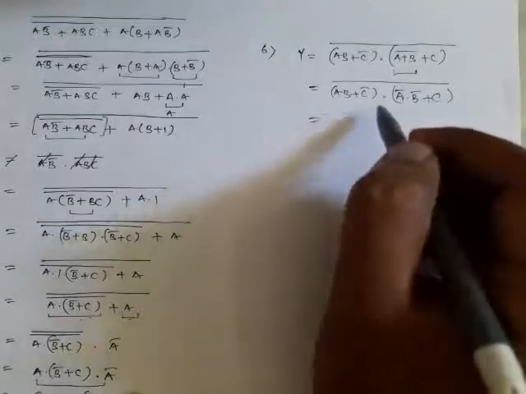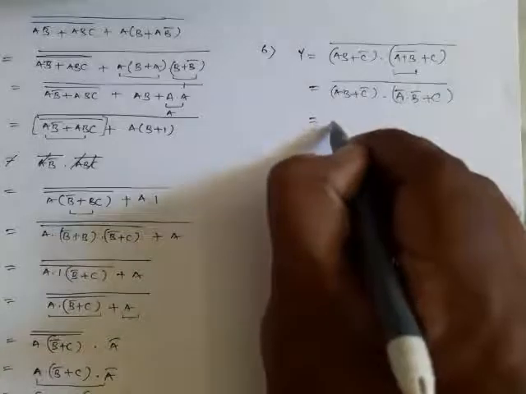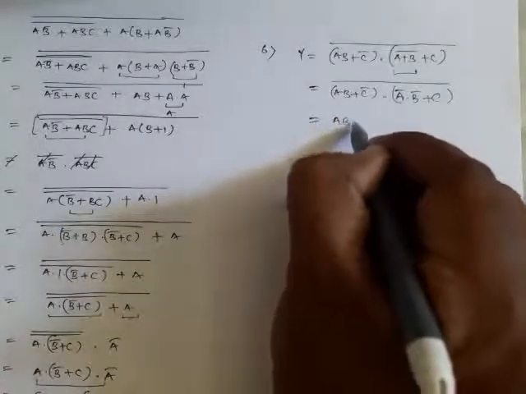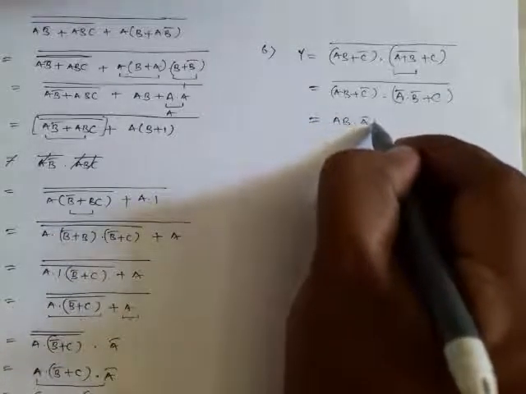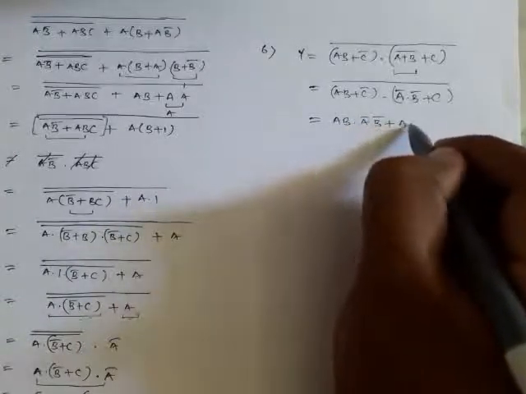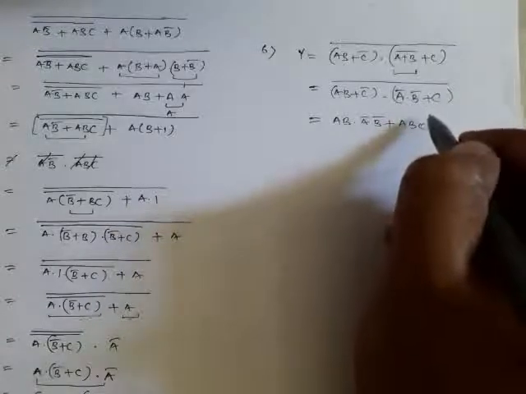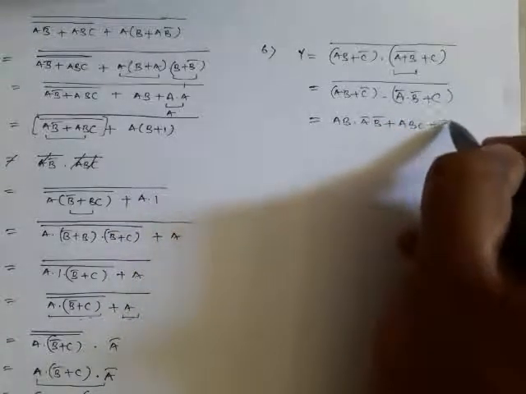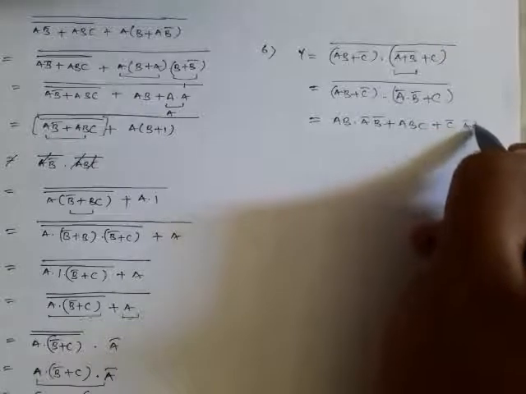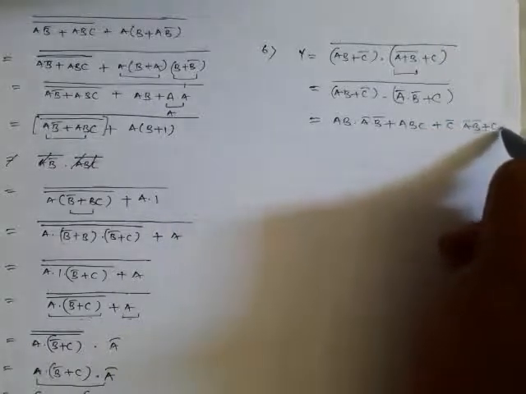and we can use the distributive law, and this can be written as a b dot a bar dot b bar plus a b c plus c dot a bar b bar plus c dot c bar.